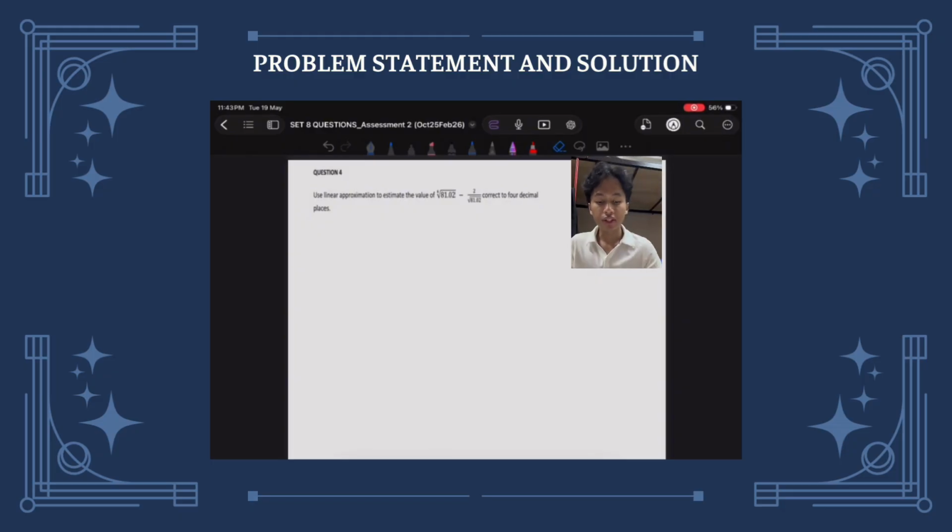The question is: use linear approximation to estimate the value of the fourth root of 81.02 minus 2 over the square root of 81.02, correct to 4 decimal places. So step 1, identify f(x). So f(x) equals the fourth root of x minus 2 over the square root of x.